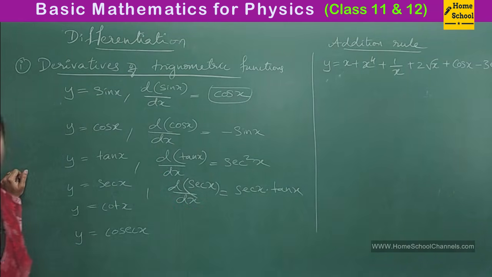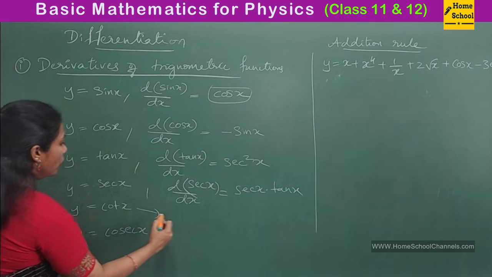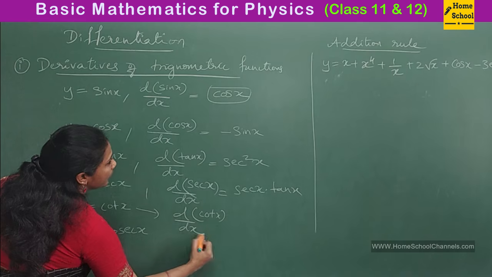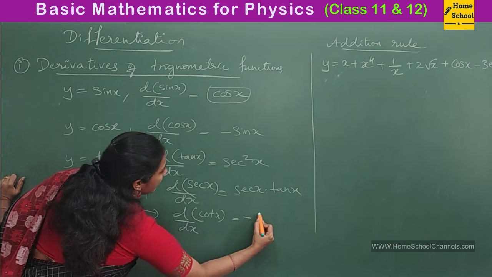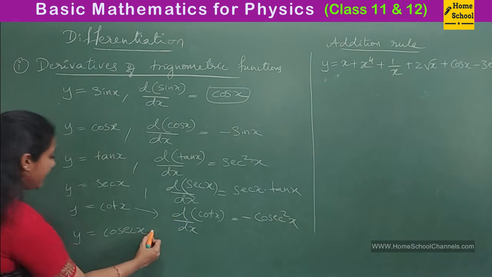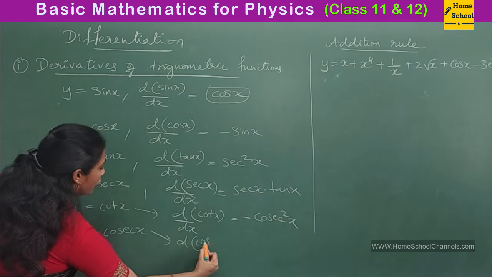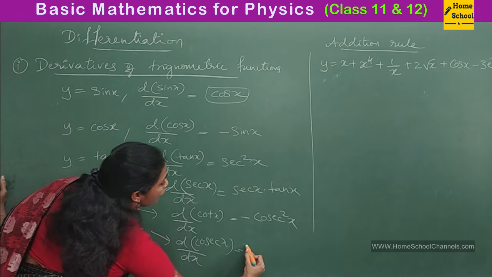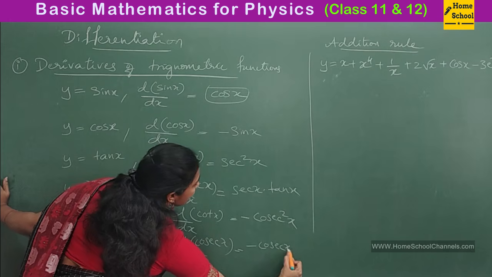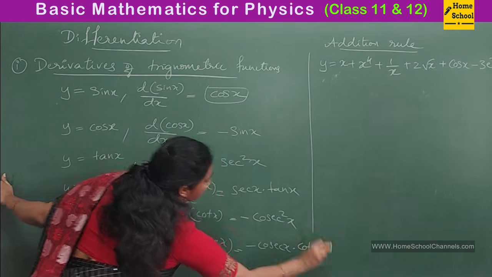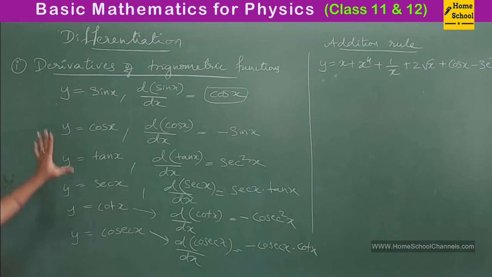Differentiation of cot x with respect to x is equal to minus cosec square x. And differentiation of cosec x by dx is equal to minus cosec x into cot x. These are the derivatives of trigonometric functions you have to remember.